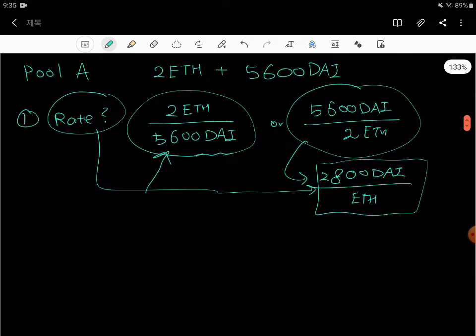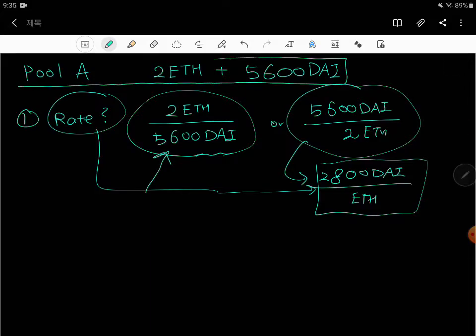So, okay, pool A has 2 ether plus 5,600 DAI. This is actually a very small pool, okay? And we're gonna compare the small pool with the large pool and how the price impact differs by how large the pool is.